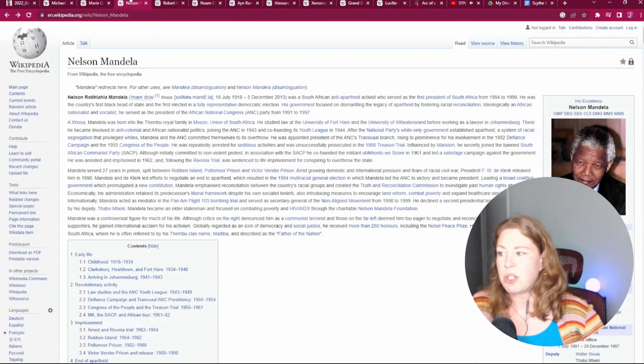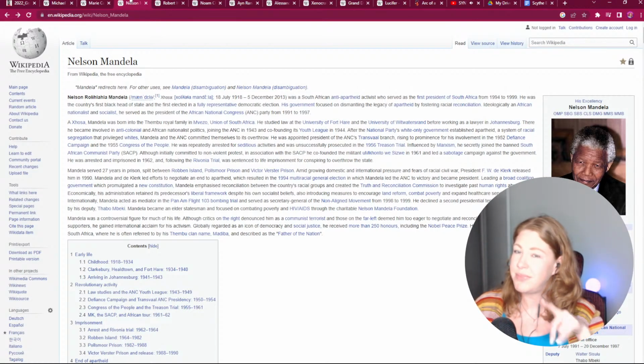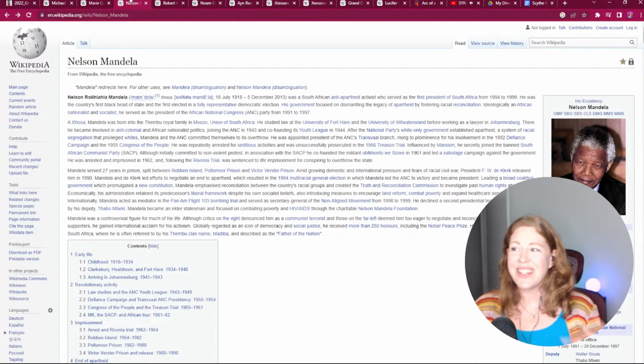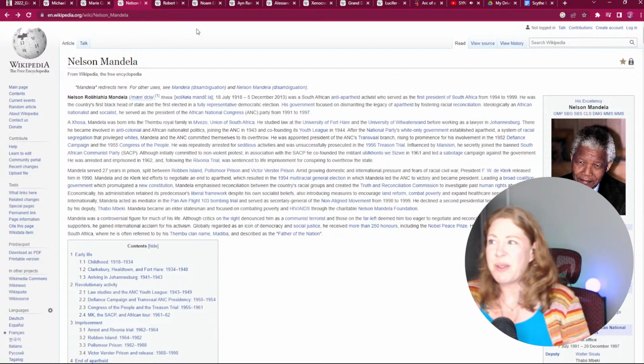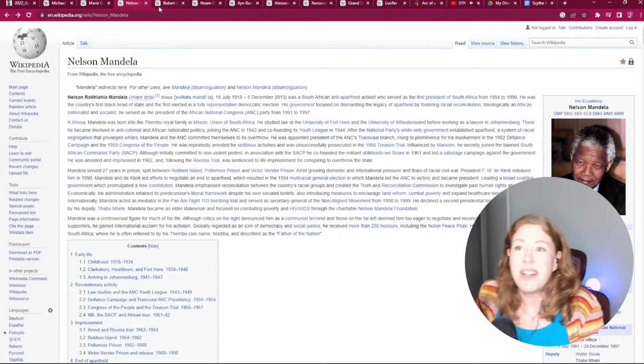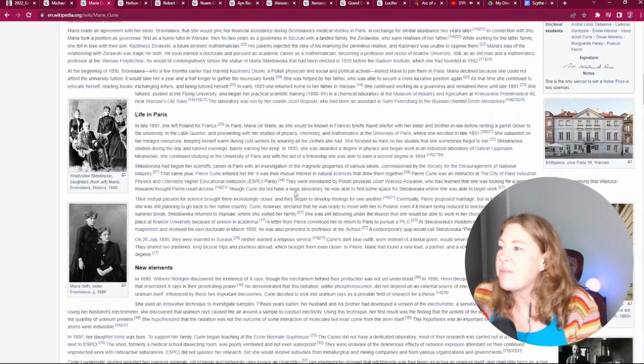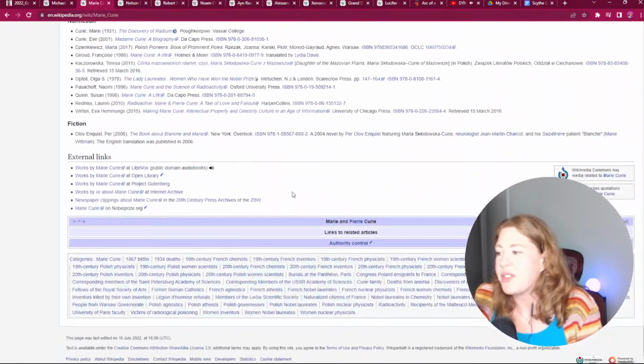I'm not going to go into too much detail because I'm not a history teacher, but you can read the Wikipedia article if you would like. And if you want to know, Marie Curie's Wikipedia article does have a ton of things as well.